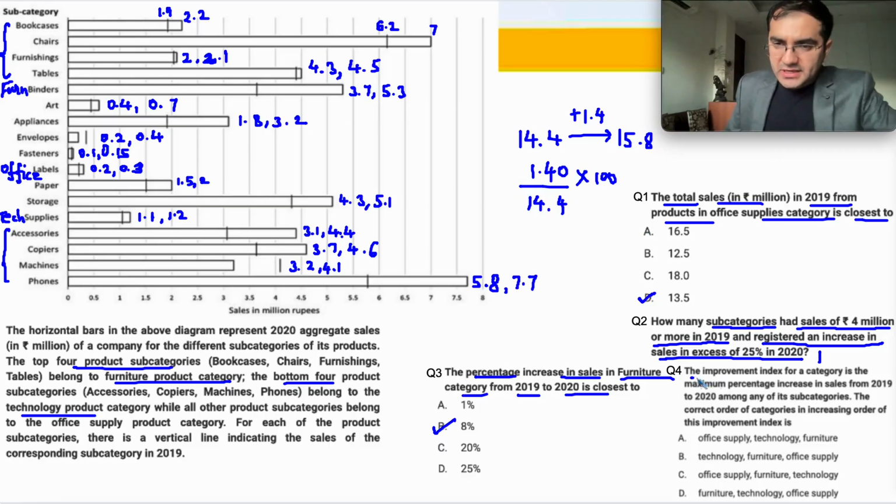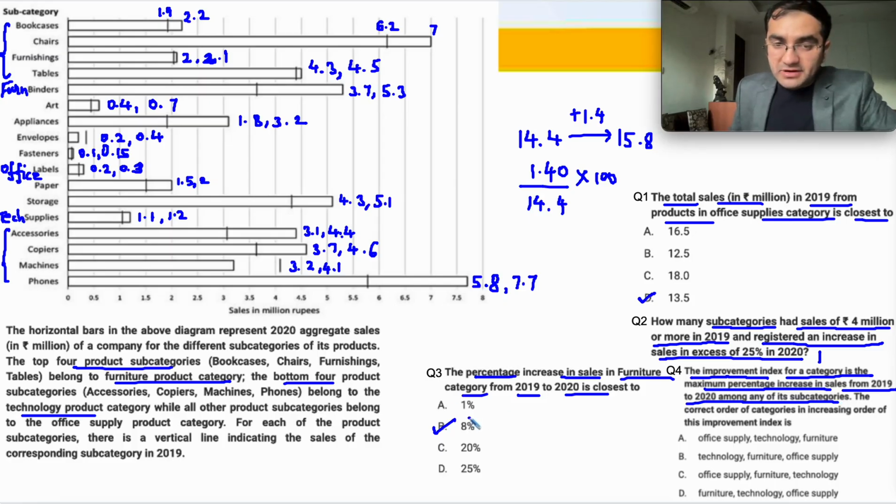Next, the improvement index for a category. Which categories do we have? Okay, वो तीन, furniture, office and tech. Is the maximum percentage increase in sales from 2019 to 2020. ठीक है.